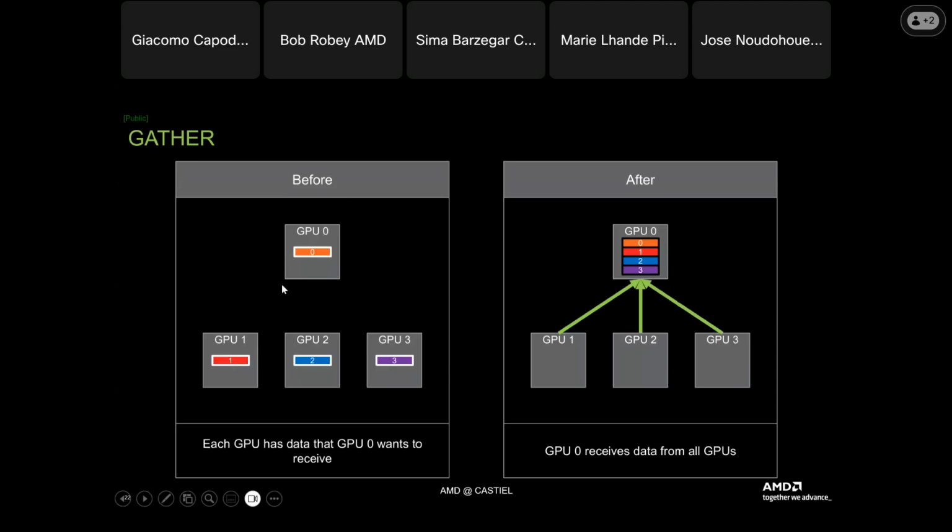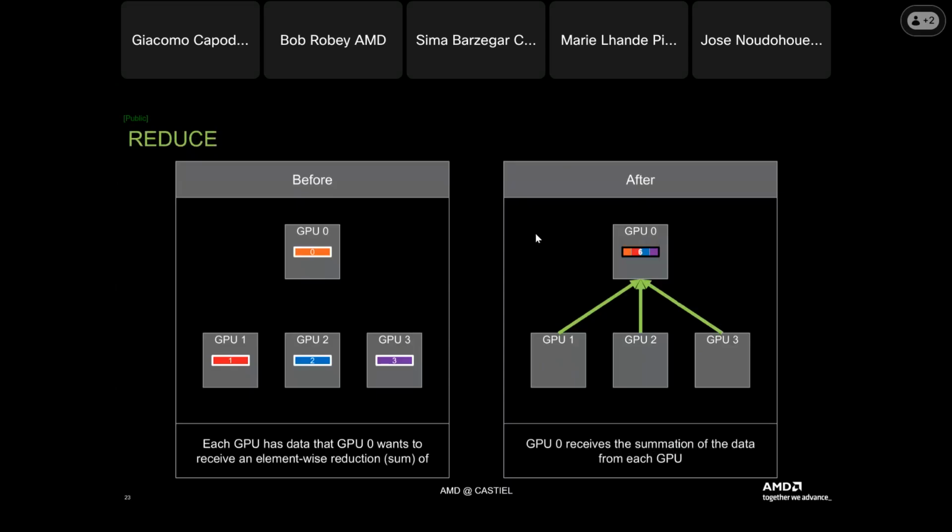After this, GPU 0 holds 0 at the beginning, and then after the gather, GPU 0 receives data from all the other GPUs. That is why we have 1, 2, 3 afterwards. Next, we have the reduction problem here.